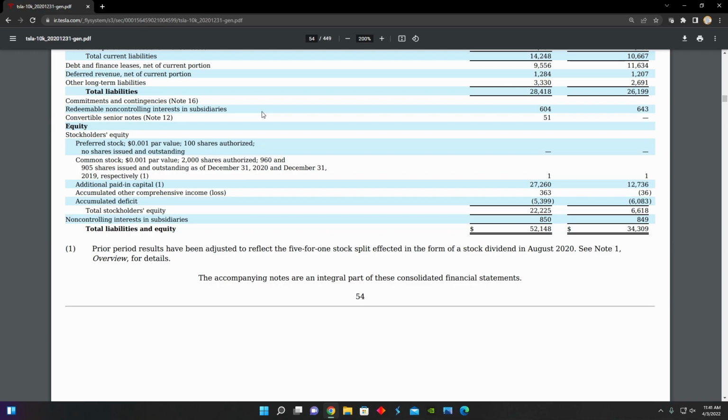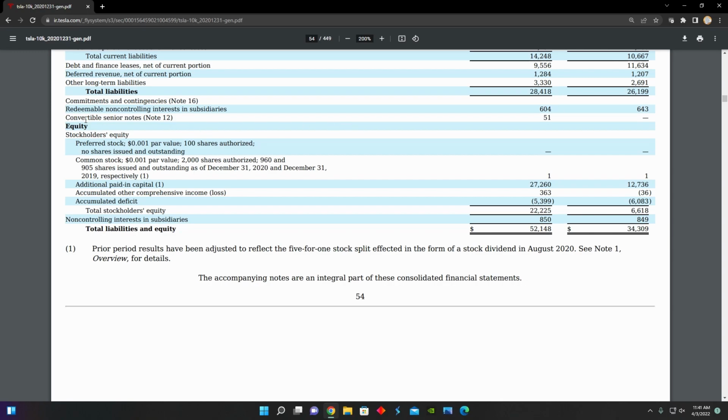And so in this case, because it says redeemable non-controlling interest, these are redeemable at the option of the non-controlling interest holder. And so basically, if anyone owns a minority stake in a subsidiary of Tesla, which is a company that's owned by the parent company, then they can redeem their non-controlling interest at any point in the future, and Tesla would be obligated to allow them to redeem their non-controlling interest, which is equated by this metric right here.